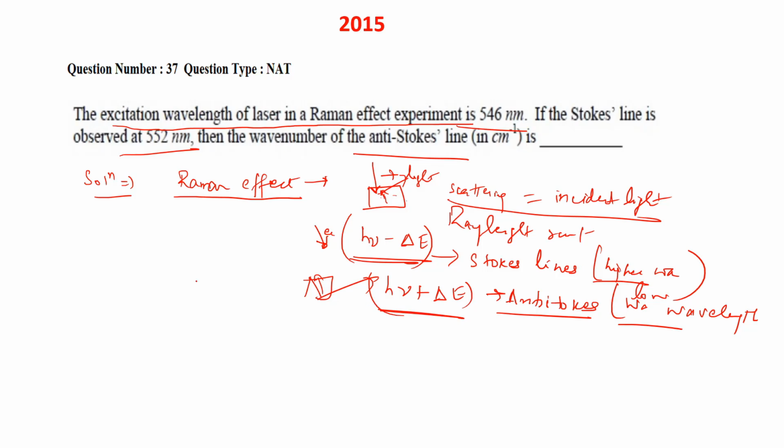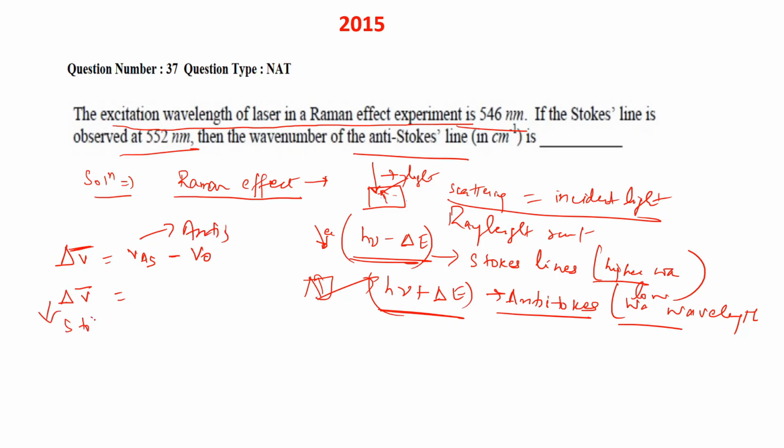Okay, now we'll see the Raman shift. For the anti-Stokes case, the frequency of radiation is greater than the incident frequency. This is for the anti-Stokes case, and this is for the Stokes case.